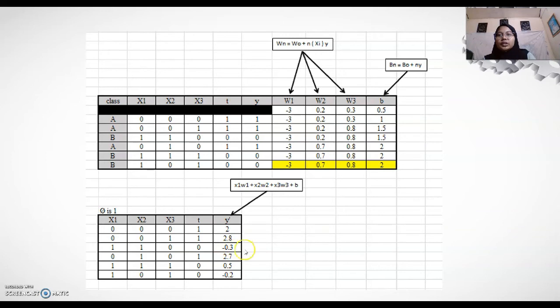Negative 0.3 is 0 because it is smaller than theta. And 2.7 is 1, 0.5 is 0, negative 0.2 is 0. So that means we get 100 percent accuracy.